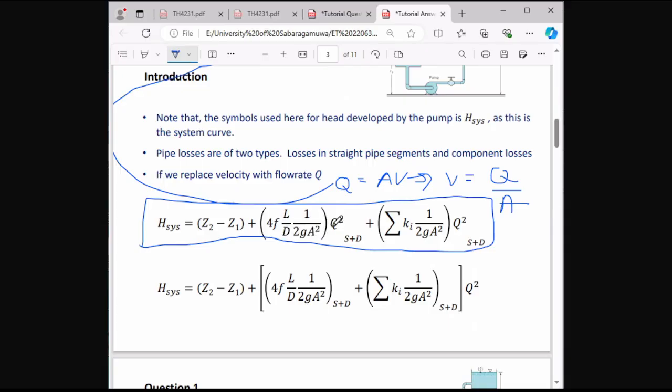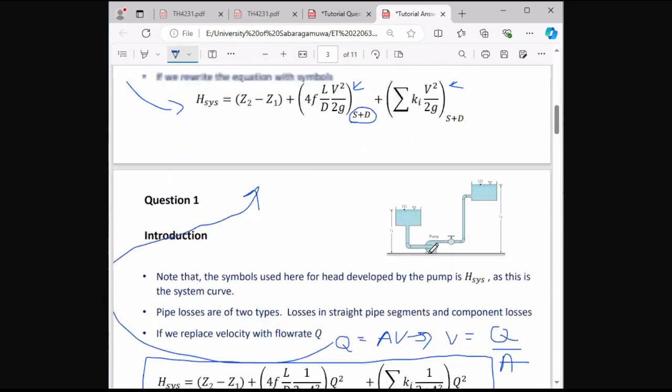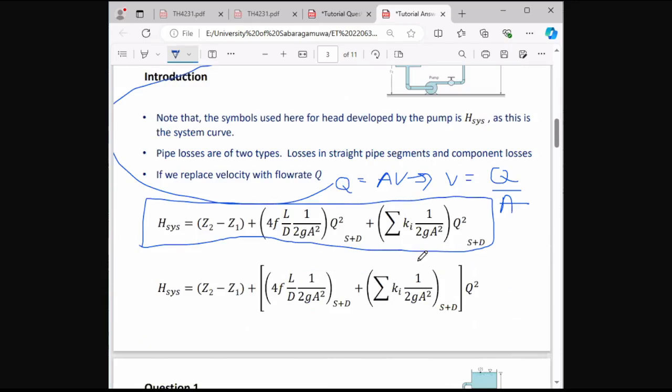Then you can take Q squared outside. Then Q divided by A, you can apply to the component losses equation like this. Then finally you can rearrange this equation like this.